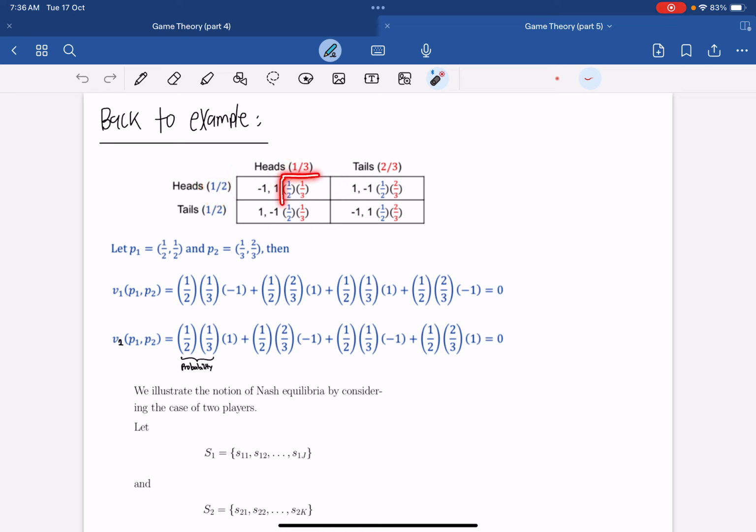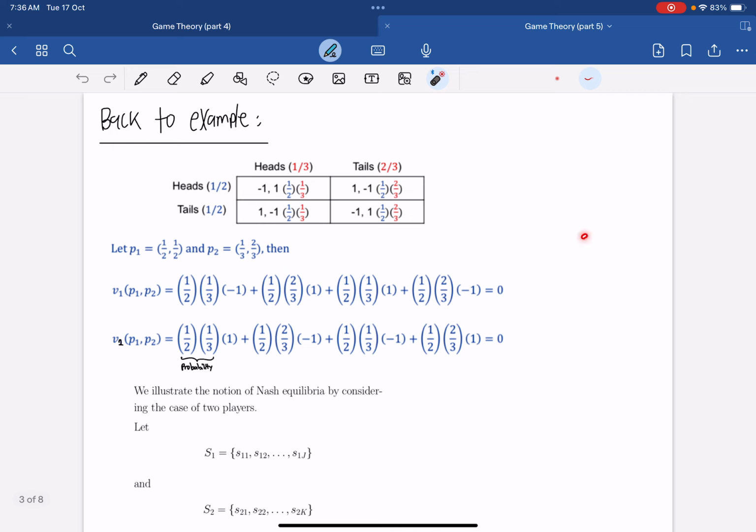Then we just need to add all the payoffs together. So this is the portion that it will come out with -1, probability 1, probability -1, probability 1. And when you add them up, you get 0.